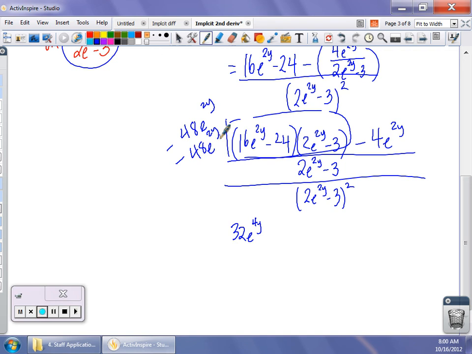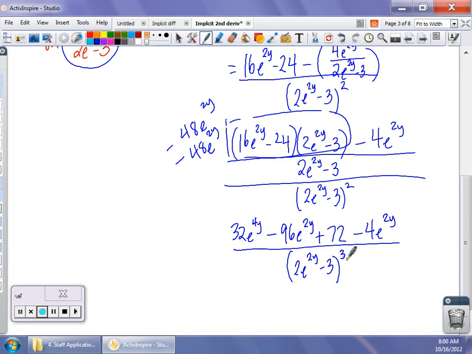Negative 48e^(2y) and negative 48e^(2y) will give me negative 96e^(2y), plus 72, minus 4e^(2y), over 2e^(2y) minus 3 quantity cubed. So notice I had this to the first power. When I multiply by the reciprocal, that will become to the quantity cubed. And then as a last step, I can combine the e^(2y) terms, so I have 32e^(4y).